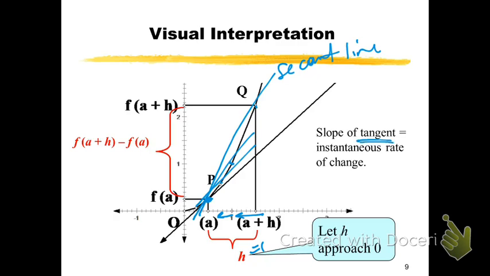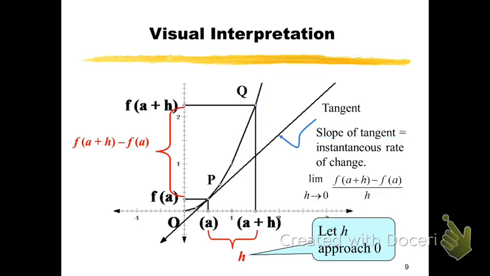So now if we talk about this instantaneous rate of change, this is really just telling us the slope of the tangent line at x equal to a. Again, I want to know what's happening at this point. This point, that is my tangent line.